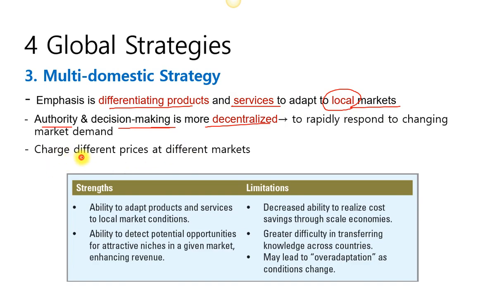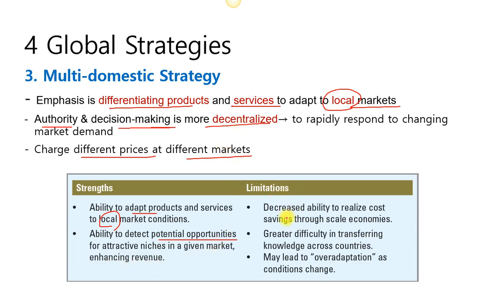You charge different prices at different markets. It's very localized, customized to the local market. What's the strength about it? Ability to adapt to the local market conditions. And you can detect the potential opportunities as soon as possible. And because the decision making is decentralized, you could just make your decisions.